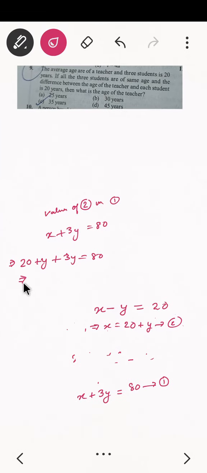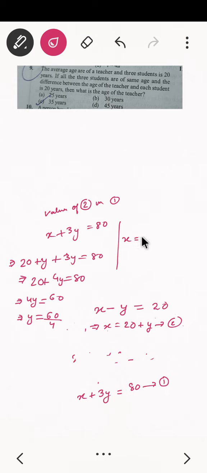So it will be 20 plus 4y is equal to 80, so 4y is equal to 80 minus 20, which is 60. That is, y is 60 by 4.